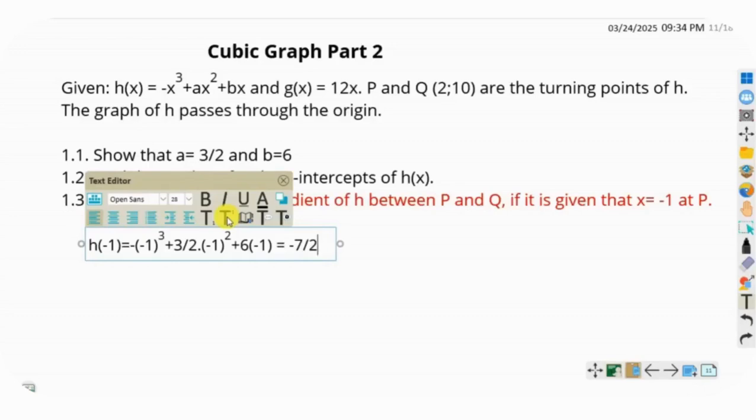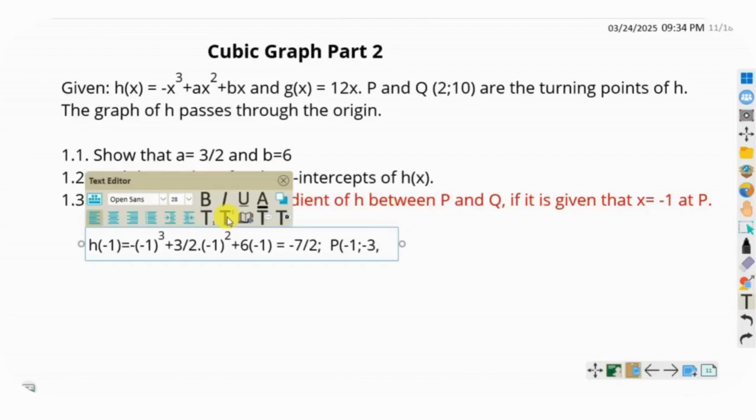Okay, so this actually means the coordinate of P is negative 1, negative 3.5.